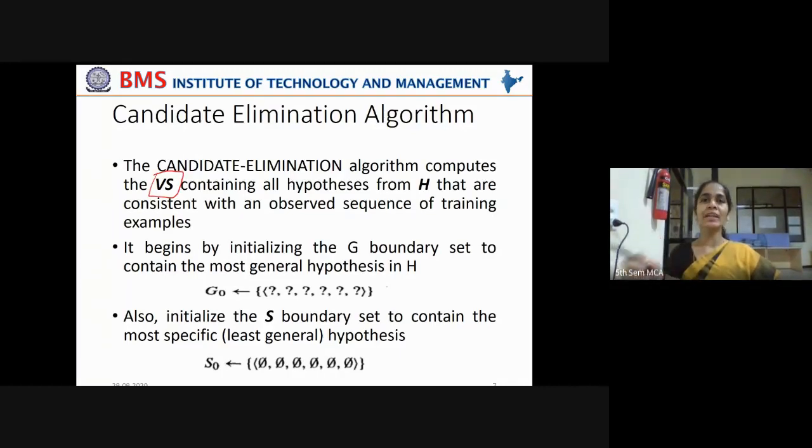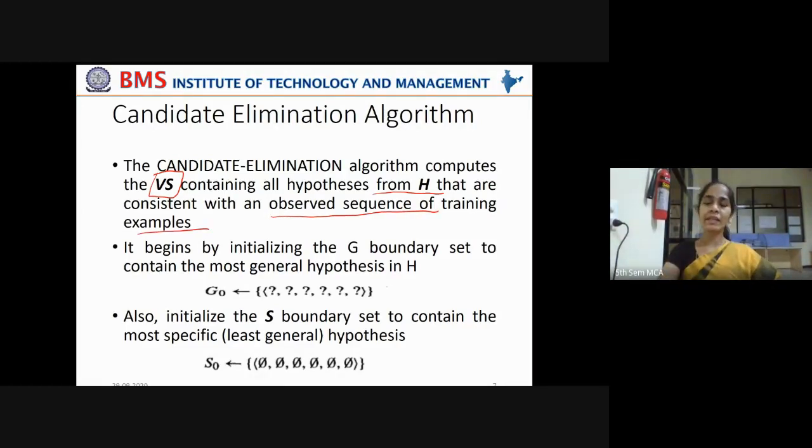The duty of candidate elimination algorithm is to compute the version space. Whenever I say version space, you should immediately remember that it contains a general boundary set and a specific boundary set. So this algorithm computes the version space containing all hypotheses from the valid hypothesis space H that are consistent with an observed sequence of training examples, right?